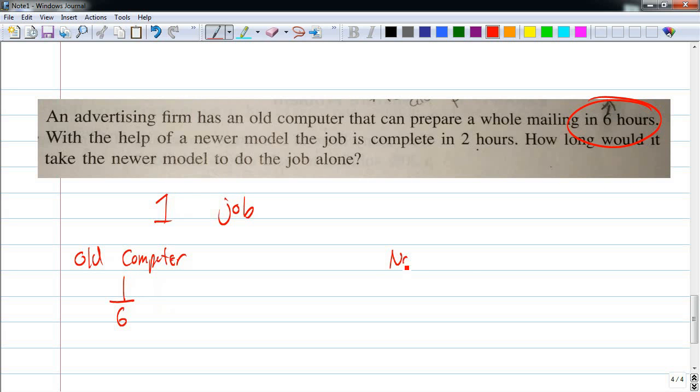The new computer has a rate of 1 over, I don't know. That's my question. Let x be the time for the newer model.